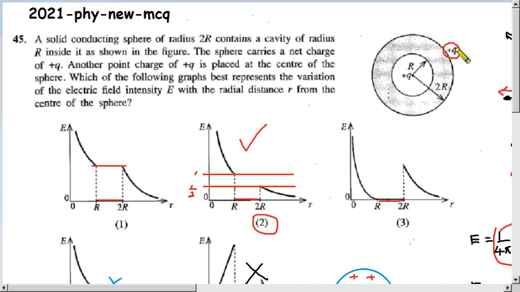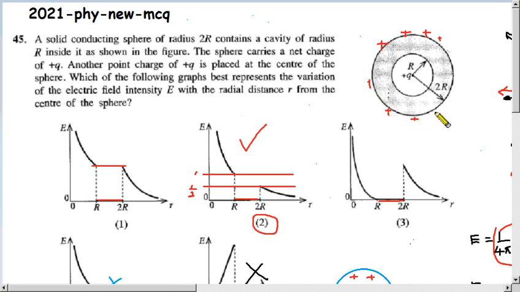But I said, even though it is appearing here like this, it is not like that. It is distributed everywhere. So therefore the field intensity gets weakened. It is distributed like this.